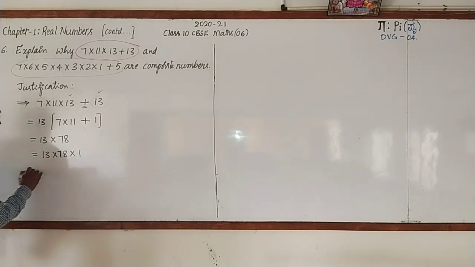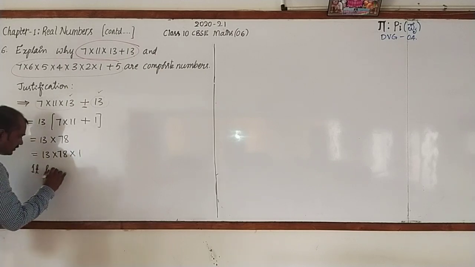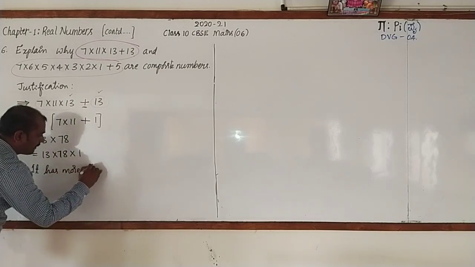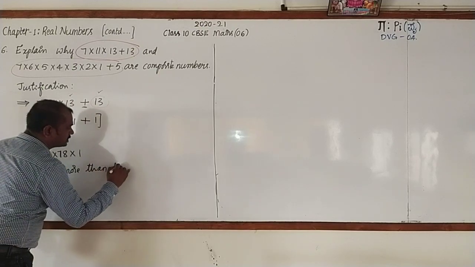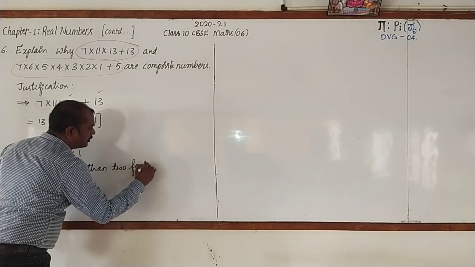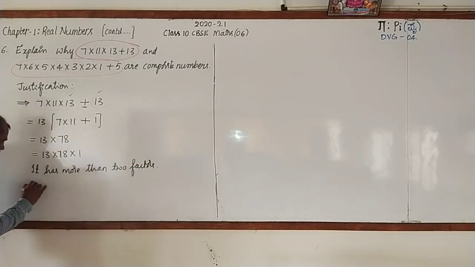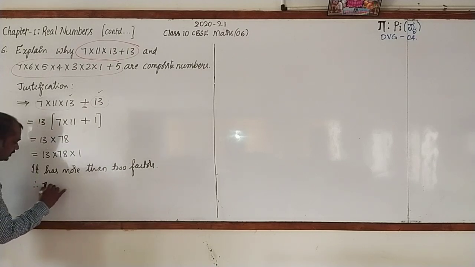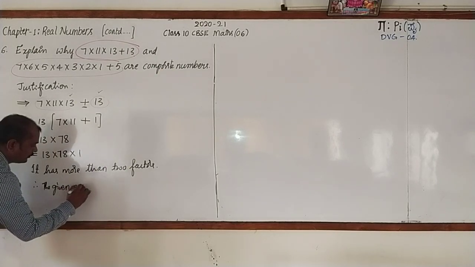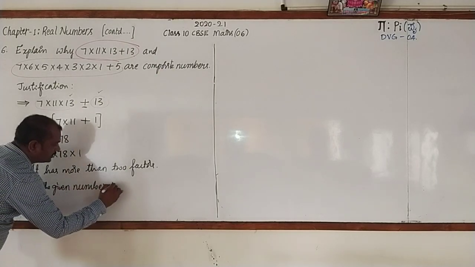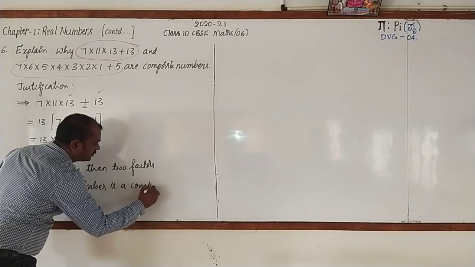Here I will write, it has, that is the given number has, more than 2 factors. Therefore, the given number is a composite.